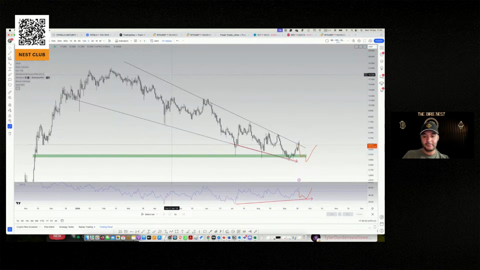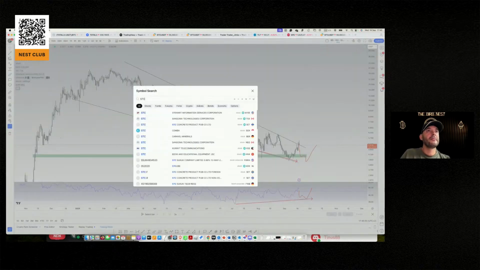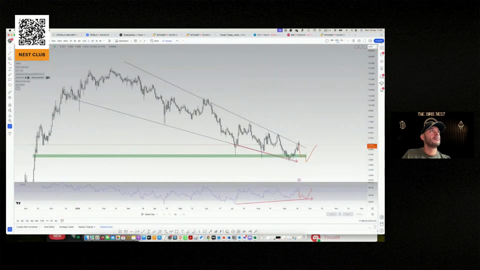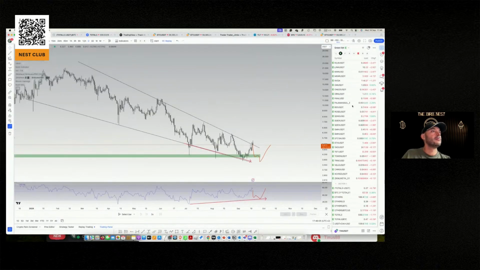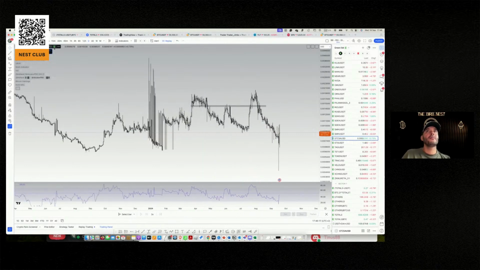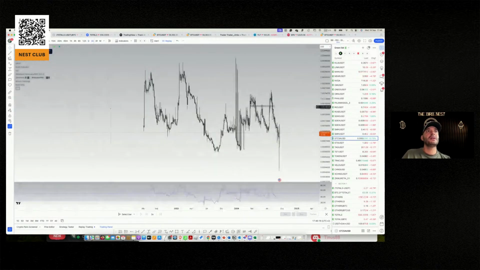STC. You mean Sidechain? But is this the chart of Sidechain?